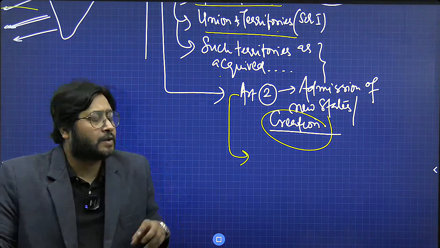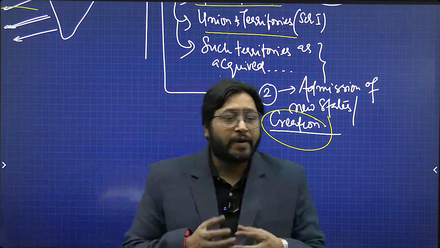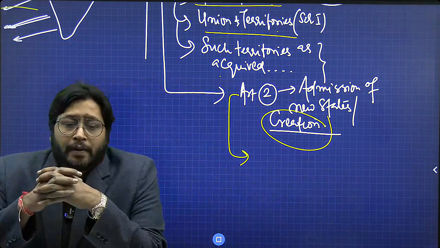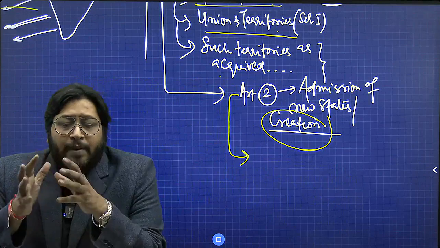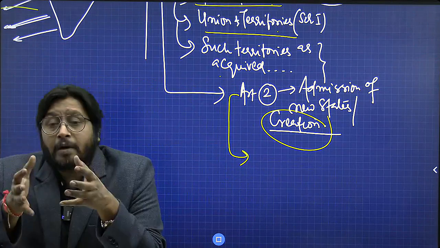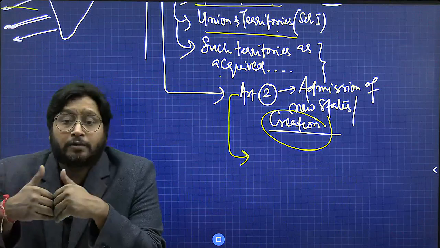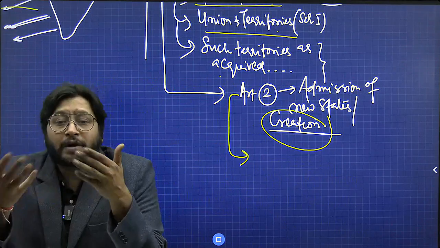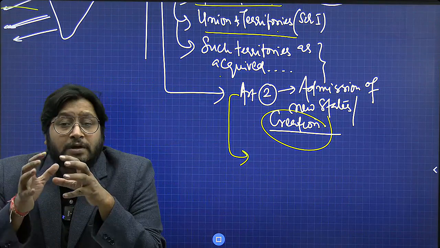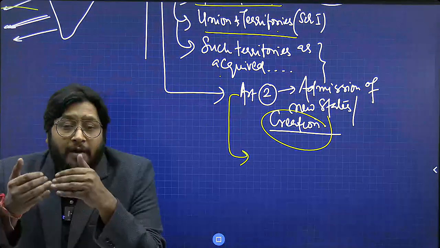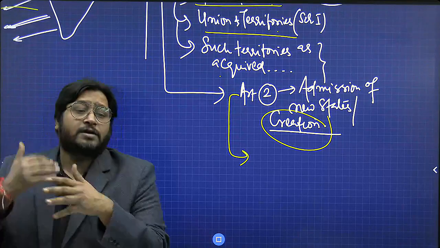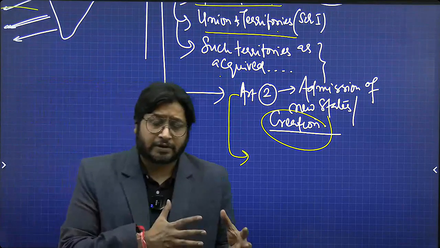Now see the logic that whenever we are admitting something, the Parliament by law, that means it can make a law, it can amend the Constitution and include it, right? Many territories were done that way. So Parliament can do it. It is a complete decision of the Parliament that it can admit, it can acquire, it can provide terms and conditions for its association with the rest of the Union.